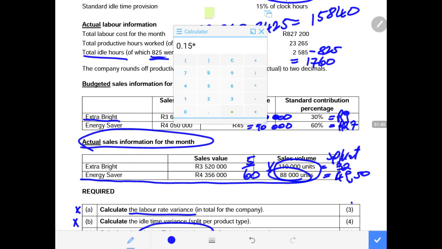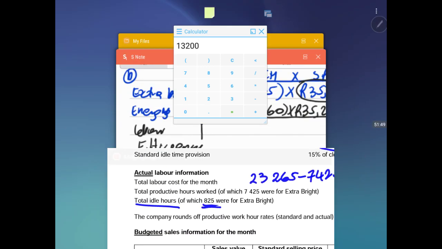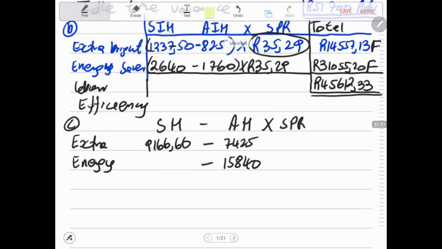Multiply that by 88,000 units, and we get 13,200 hours as standard hours for our product energy saver. 13,200 straight. There was no issue of rounding off.